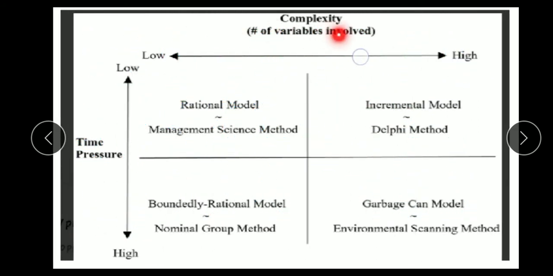Now this is a chart of variables involved. Here models are there, that is rational model, bounded rational model, incremental model, Garbage-Can model, and the time pressure variation is given in between these models.